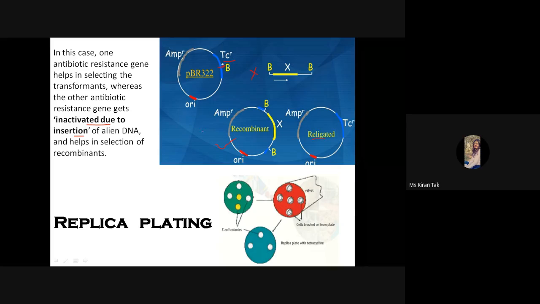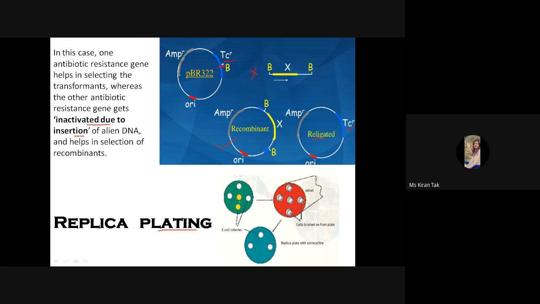So here the tetracycline resistance property of the plasmid will be gone, while in the other case the plasmid is tetracycline resistant. Replica plating is a type of plating that is helpful in the selection process.